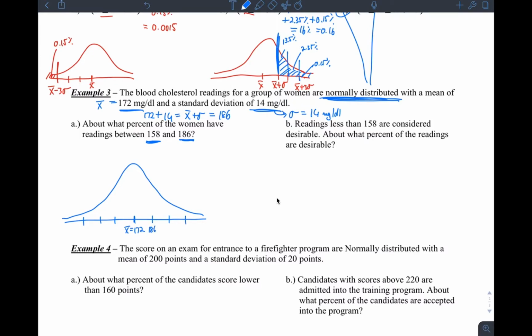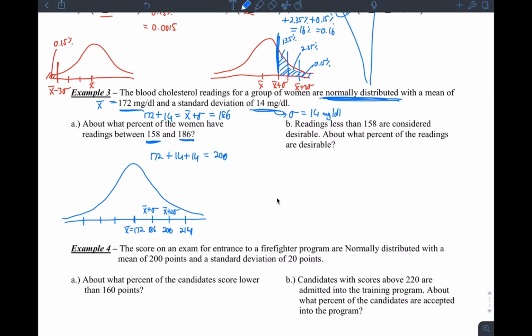And then if you just go another standard deviation to the right, this would be the mean plus 2 sigma. So I'm just going to do this once more. That would be 172 plus 14 plus another 14 for the 2 sigma. And then for that you get 200. Okay, 200 milligrams per deciliter. And then if you add another 14, you get 214. They made this nice and easy to do the math for.